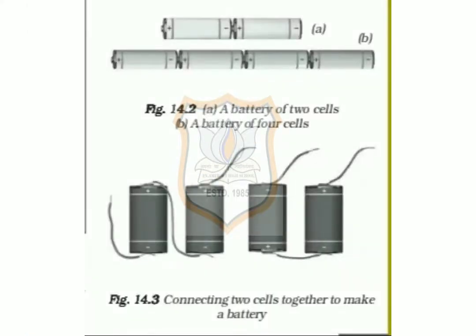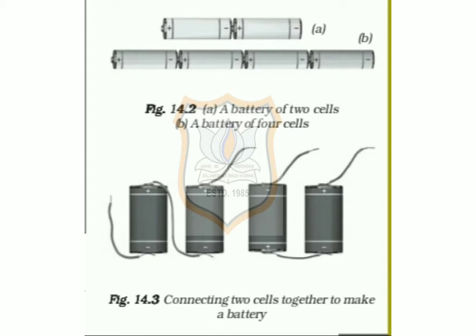Many devices such as torches, transistors, toys, TV remote controls use batteries. However, in some of these devices, the electric cells are not always placed one after the other, as shown in figure 14.2. Sometimes the cells are placed side by side. Then, how are the terminals of the cells connected?